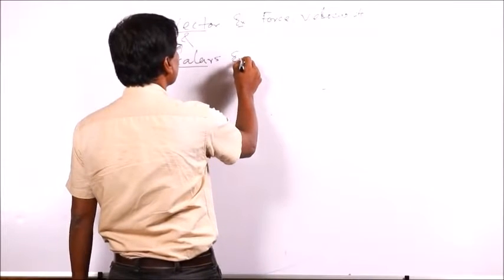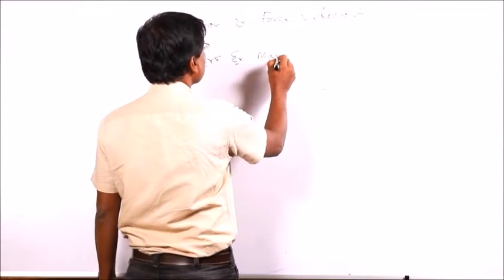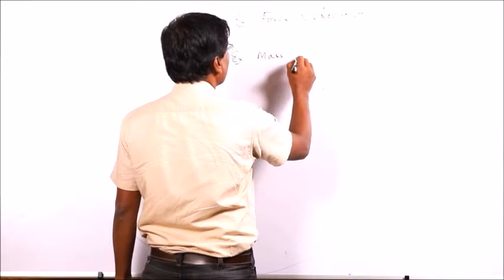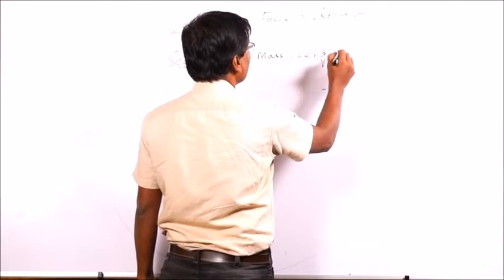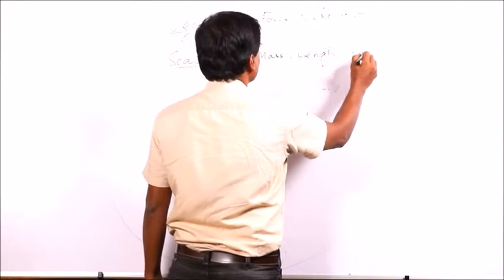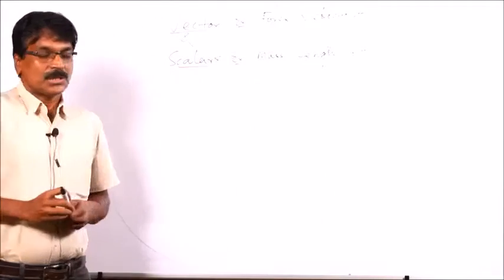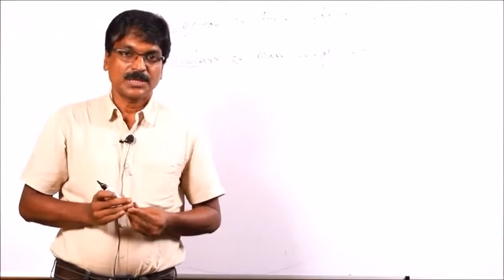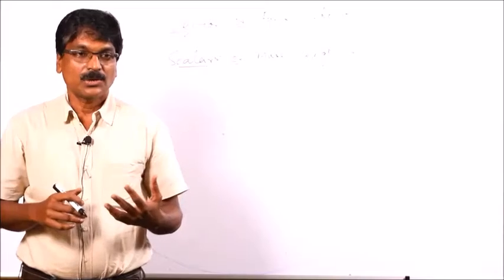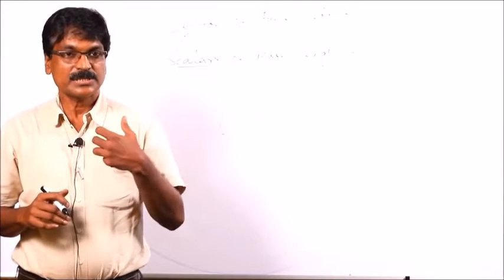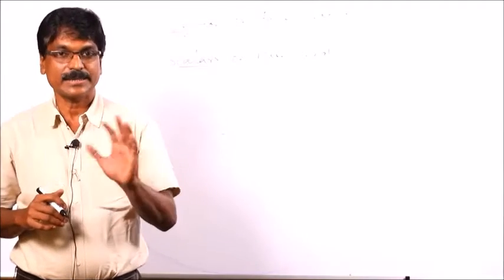Examples of scalars are mass, length, volume, etc. So, how to represent a vector? To represent a vector, we have to mention both its magnitude and direction.